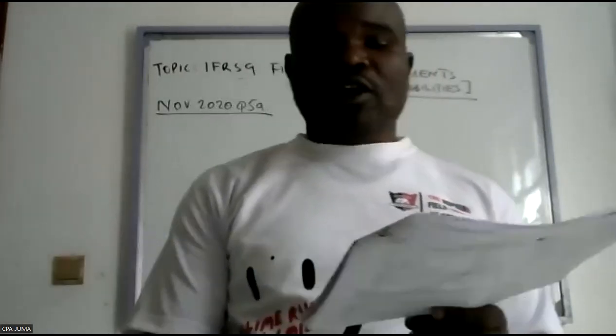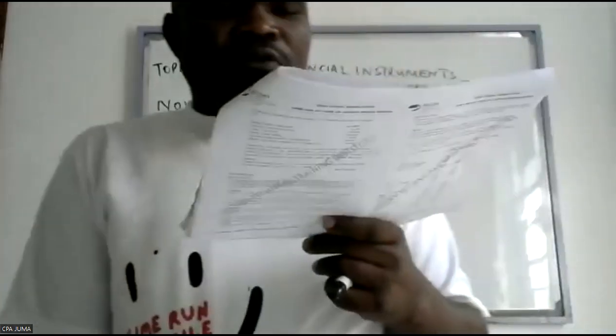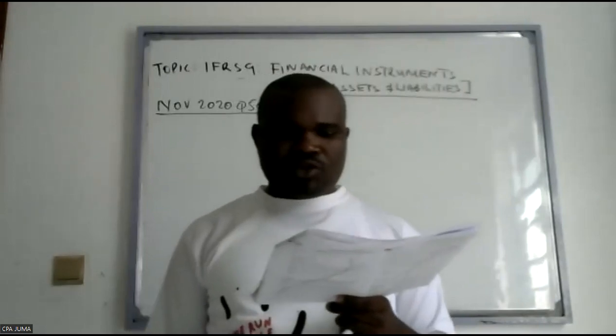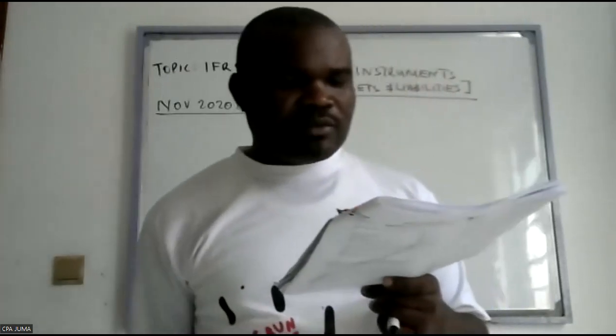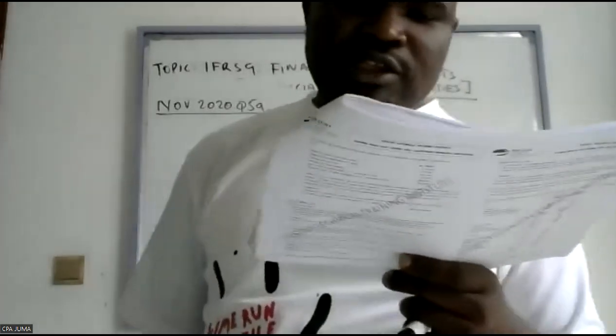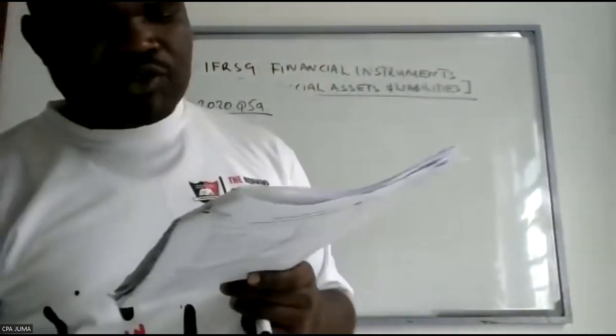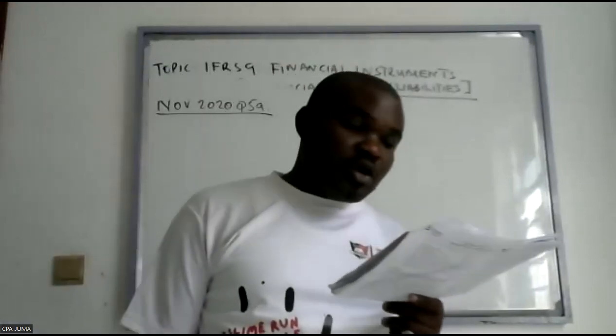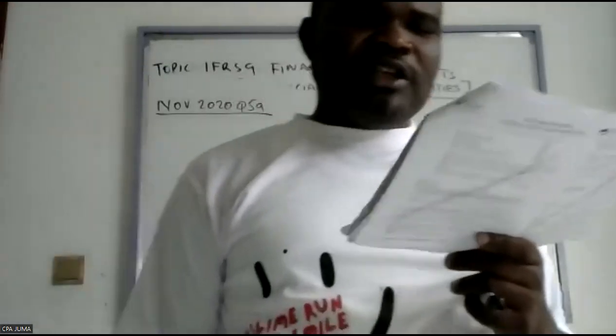On 1st January, allow me to read. On 1st January 2019, Dodoma Limited issued 1 million bonds. Please note issued. The word issue is very important. So they are the borrowers. Issued 1 million bonds with a face value of shillings 100 at a market price of shillings 95.